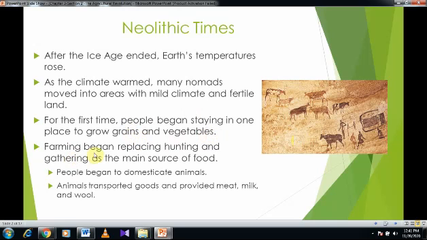When farming began, it replaced hunting and gathering as the main source of food. People also began to domesticate animals instead of hunting them. So instead of running after the animal, hunting it, killing it, and eating it, using its bones, skin, and fat, they started to domesticate the animal. Domesticate an animal means turning a wild animal into a tamed one.